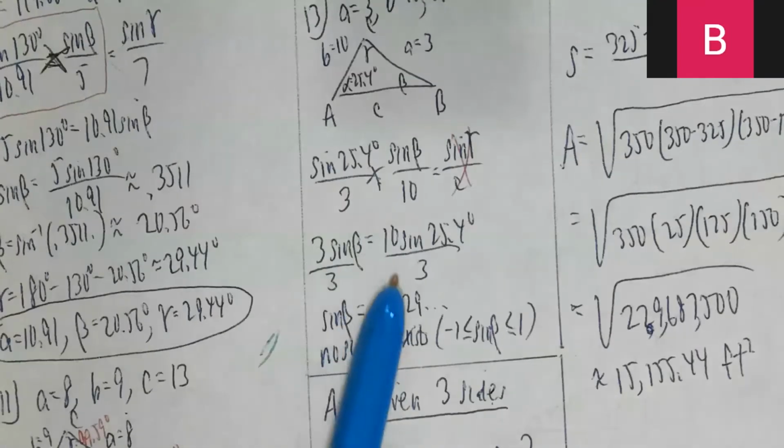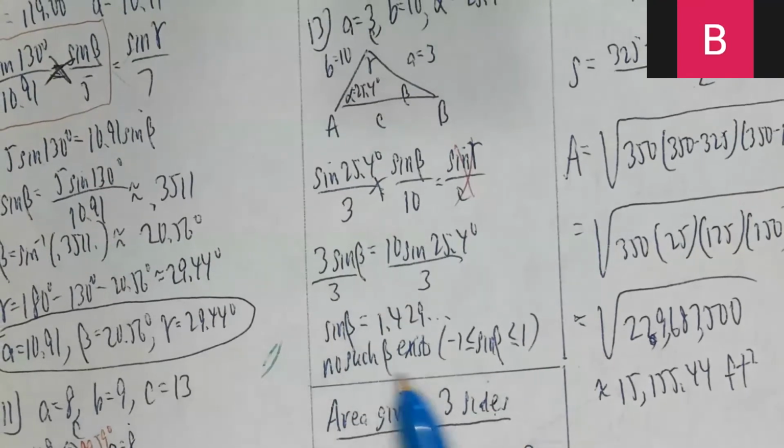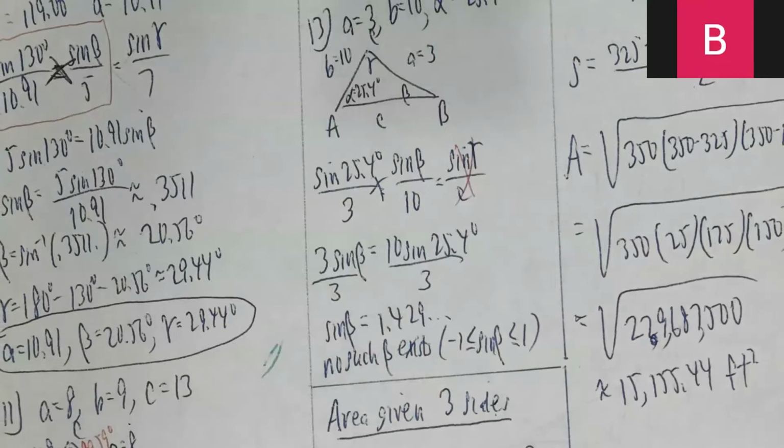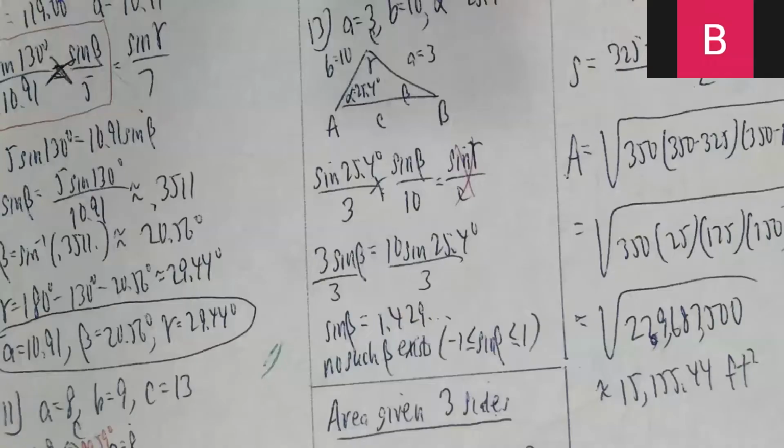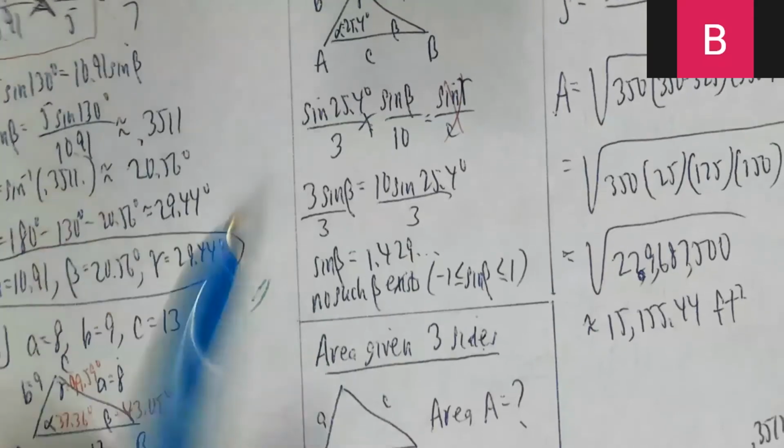So sine of beta is whatever this is, and evidently it's 1.4 something. Let me actually show that to you. 10 sine 25.4 divided by 3. 1.4 something. Impossible, right?